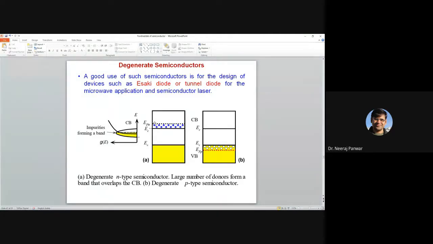So inside, you see that between the bottom of the conduction band and the Fermi level is shown by EFN. It is the Fermi level of the n-type semiconductor. We have a large number of electrons. For p-type degenerate semiconductors, we have a large number of holes, or the empty states between EFP and the top of the valence band.